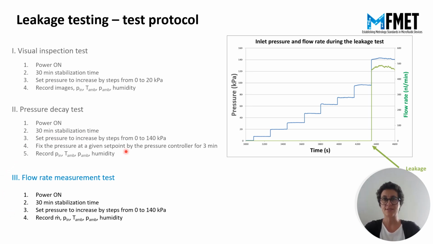This result is consistent with that obtained for the flow rate measurement with the thermal mass flow meter performed at the same time as the pressure decay test. So what we see here for these conditions is that all 3 tests successfully detected leakage in a microchannel.